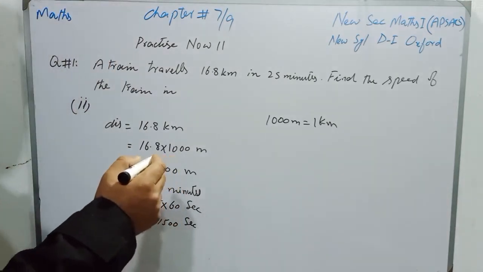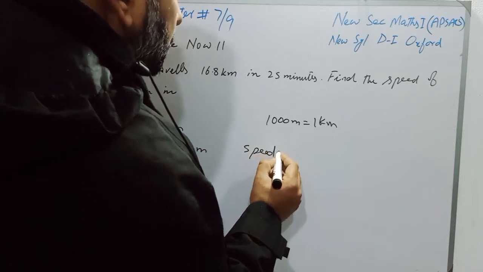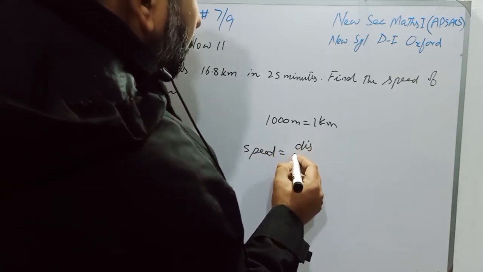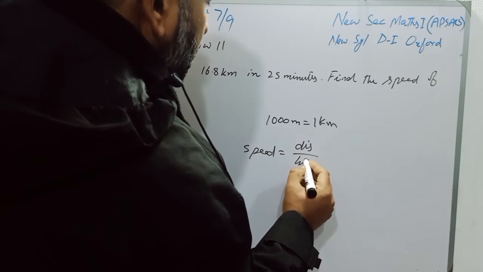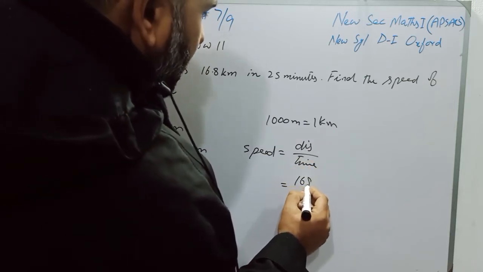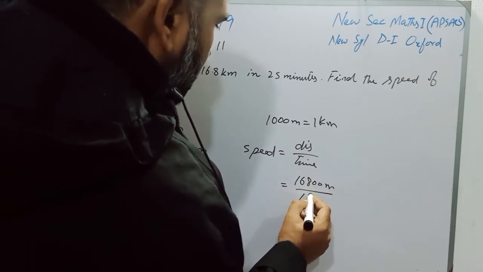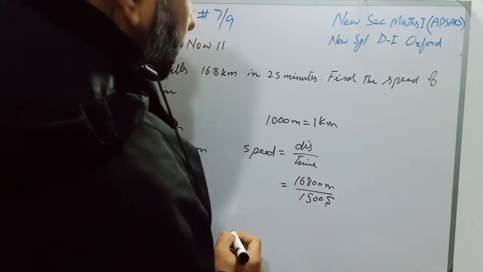Now students, we will find the speed, and speed is equal to distance over time, and distance is 16,800 meter and time is 1500 seconds.